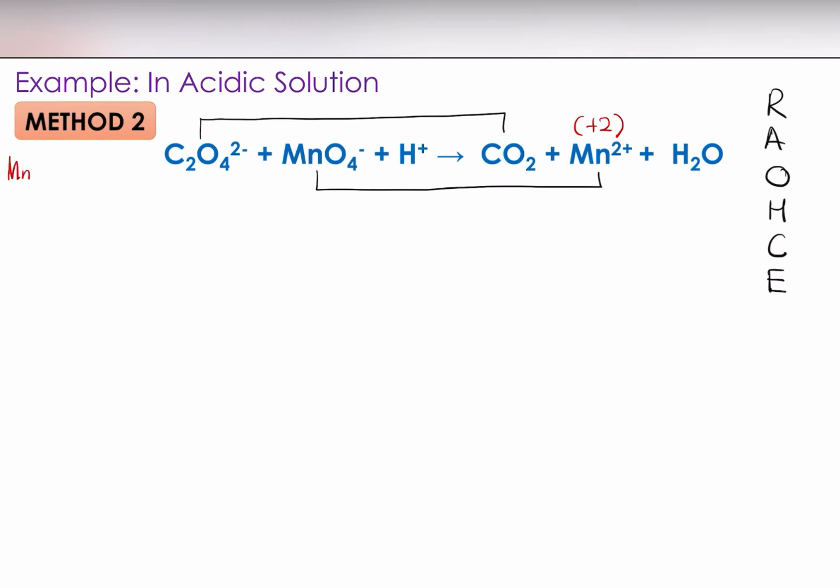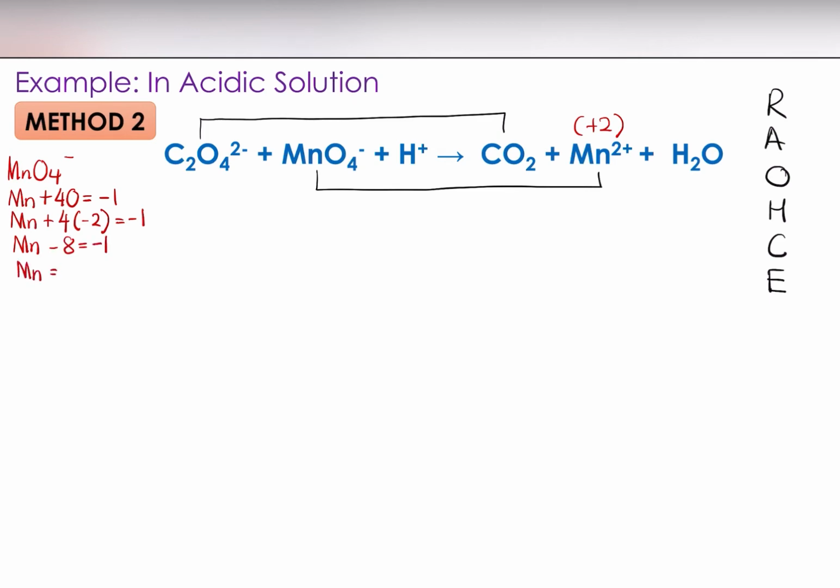So I got MnO4 minus. So this is where I got Mn plus 4O equals to negative 1. And I put oxygen, the oxidation state as general is negative 2 equals to negative 1. So Mn minus 8 equals to negative 1.